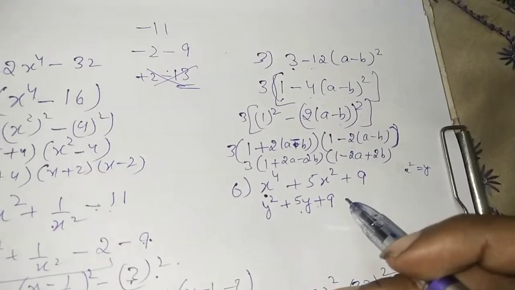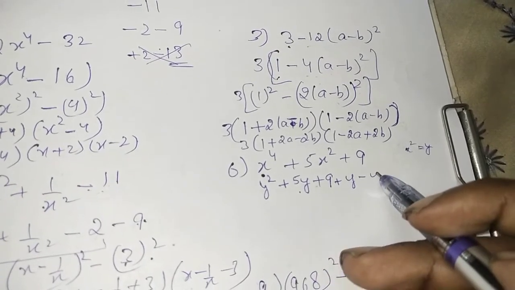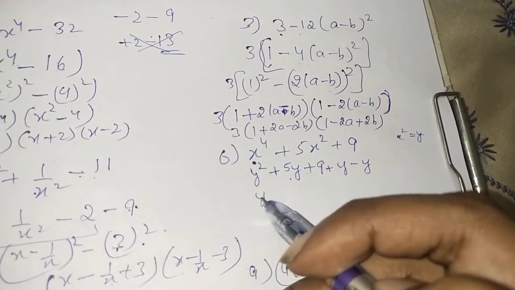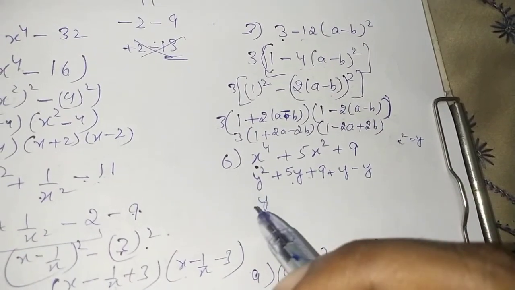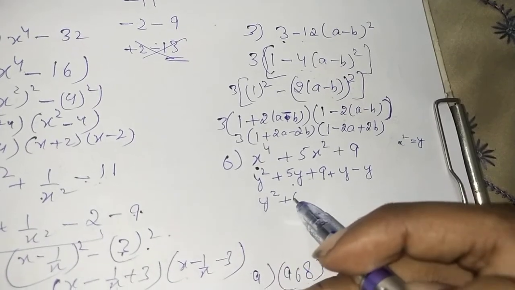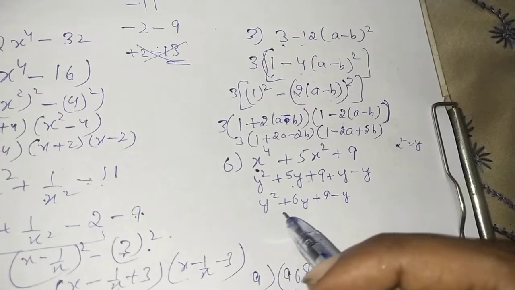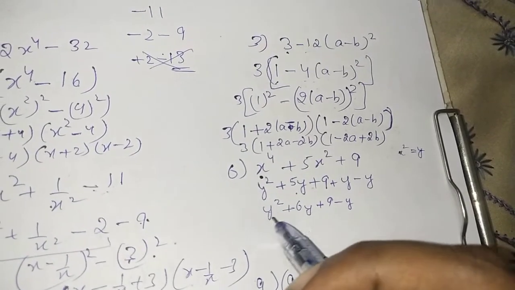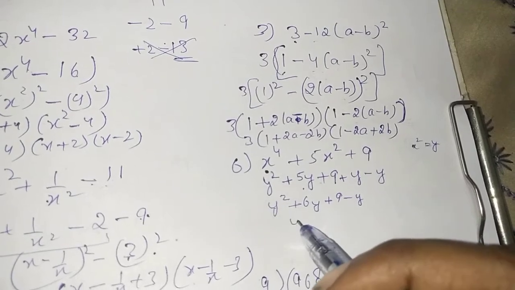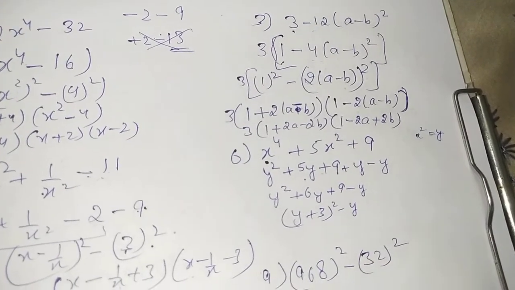So what we can do is add y and subtract y, so that we are able to transform this into a perfect square. So it will be y square plus 6y plus 9 minus y. And now what is this? Correct, this is the expansion of y plus 3 whole square. So we can write it as y plus 3 whole square minus y.